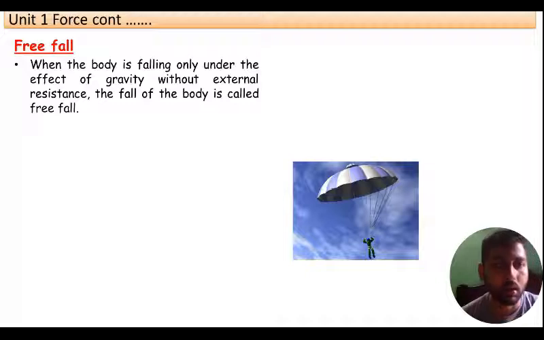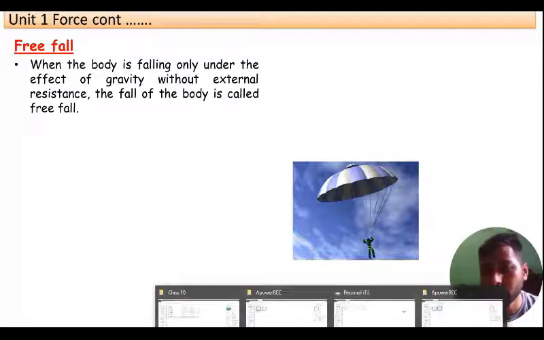For example, when we throw a small piece of stone from the roof of the house, after such stone falls on the earth without any external resistance, without resistance of the air, then in such condition, the fall of the body is known as free fall.